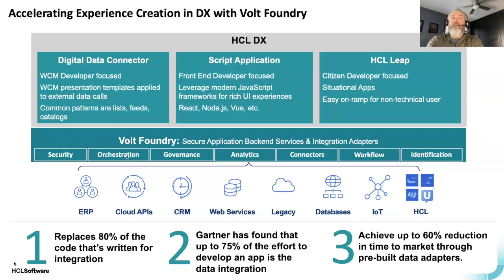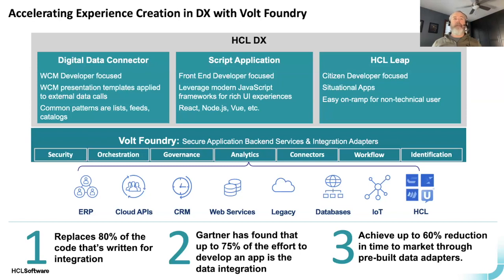Are you orchestrating 3, 4, 5 APIs together into one Uber API call? Governance, to make sure there are guardrails around it, analytics to see what APIs are being used, workflow, the connectors. So there's a lot of enterprise grade integration chops beyond the connectors that really come with Volt Foundry, and we're very excited about this.